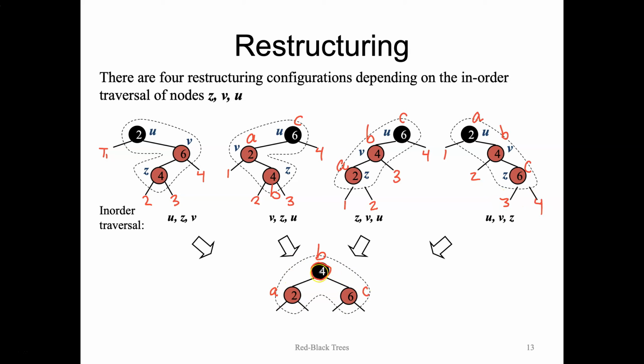Now when we restructure this, we carry those subtrees so that now this is our first, second, third, and fourth subtree. Right? So in this instance, let's say we're looking at this one here, whatever the left child of V was will now be the left child of this node A. And the left child of Z will be the right child of A.